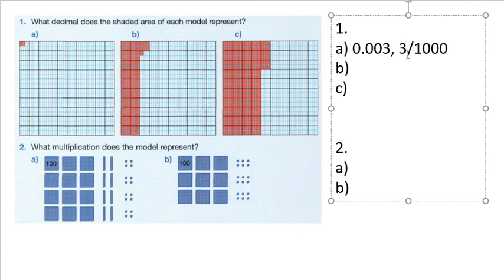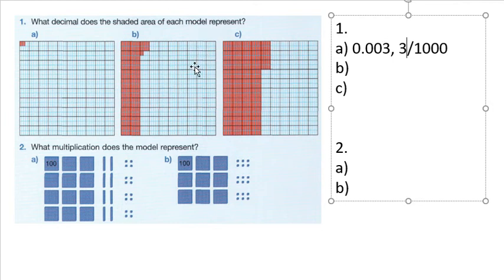And the reason I can write it as a fraction is because out of 1000 total pieces, 3 of them are shaded in. So 3 1,000ths. And if we go back to our decimal, this is 0 ones, 0 tenths, 0 hundredths, and 3 thousandths. Let's go to B now.